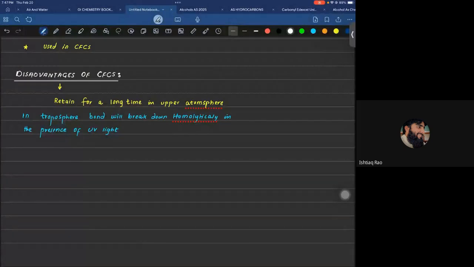Okay. So in troposphere, I was saying the bond will break down homolytically in the presence of UV light. So as a result of this, I have this chlorofluorocarbon.